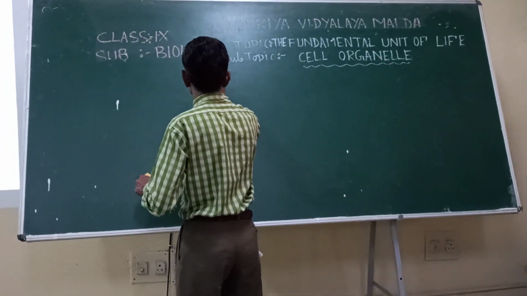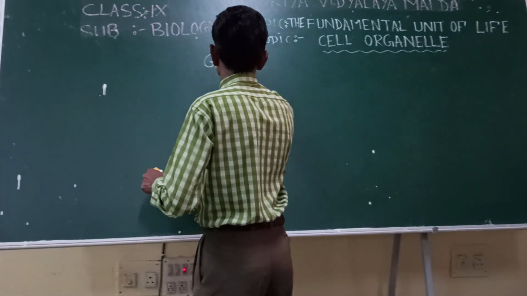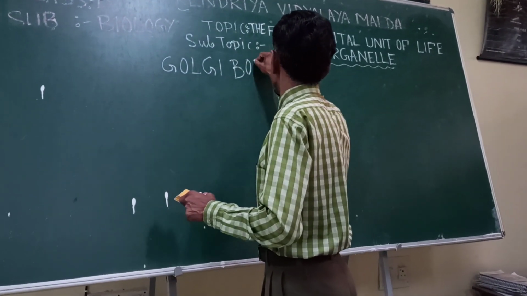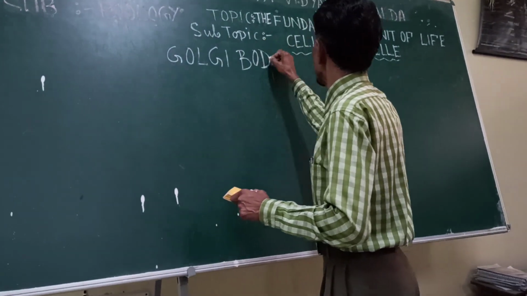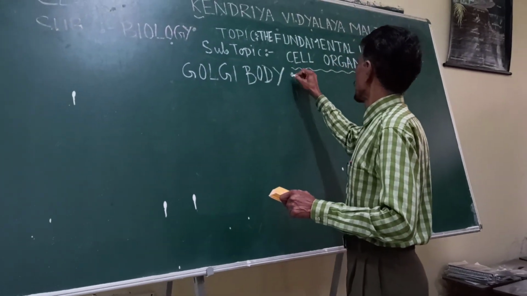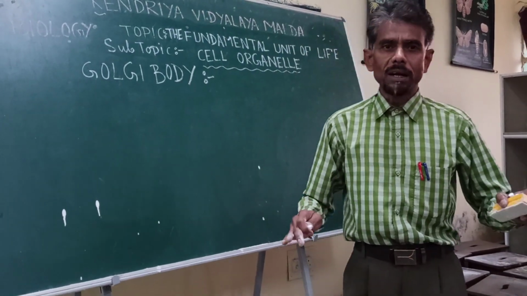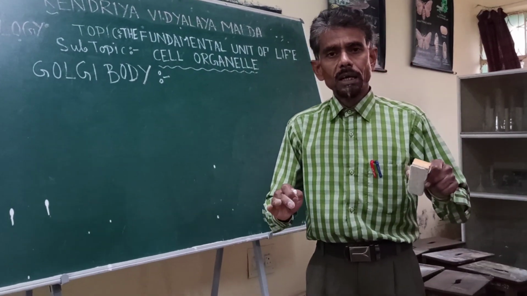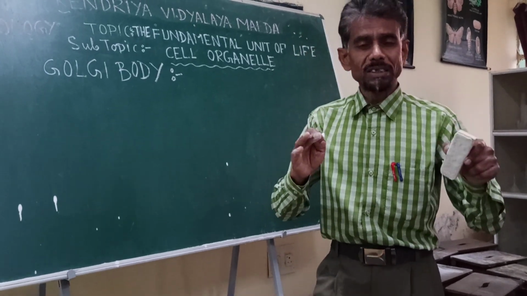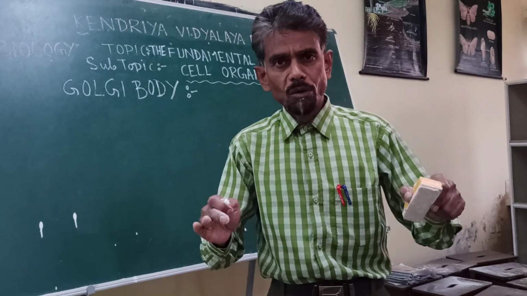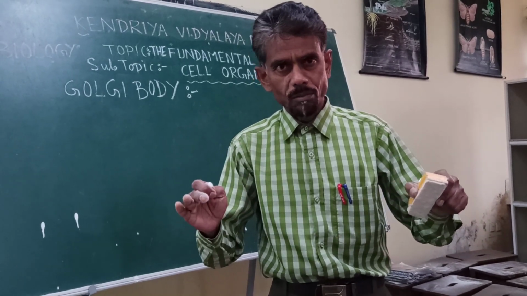This Golgi body or Golgi apparatus is another single membrane bound, remember, single membrane bound vesicular or reticular structure.